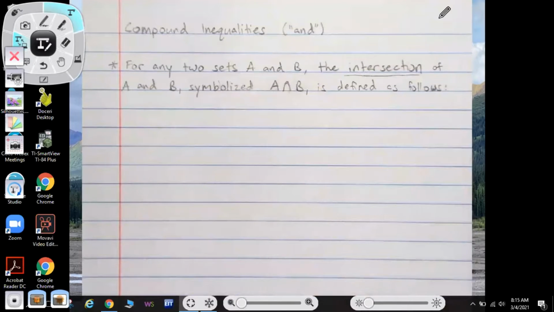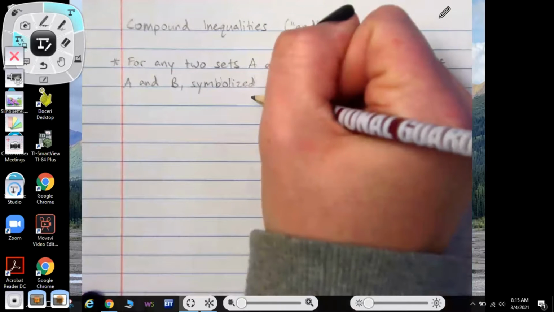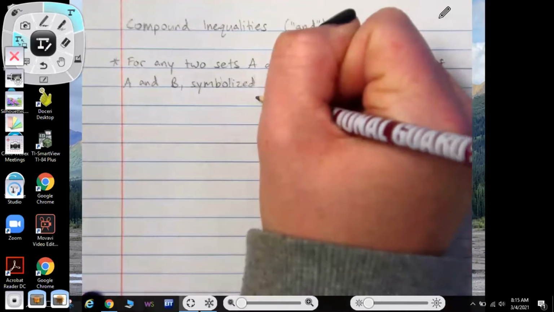We define the intersection. We use a Venn diagram like we did last time.